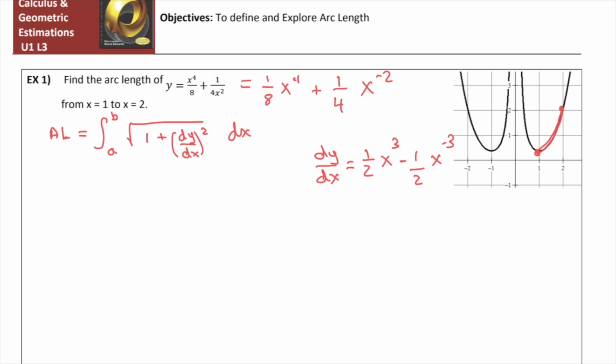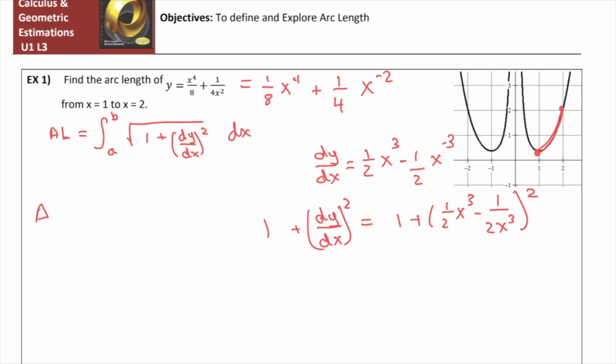Afterwards, we probably want to square it. So we'll have dy/dx squared, and we will also add 1 to it. So 1 plus (dy/dx) squared is going to be equal to 1 plus the quantity 1/2 x cubed minus 1 over 2x cubed, squared, and then you can simplify it.